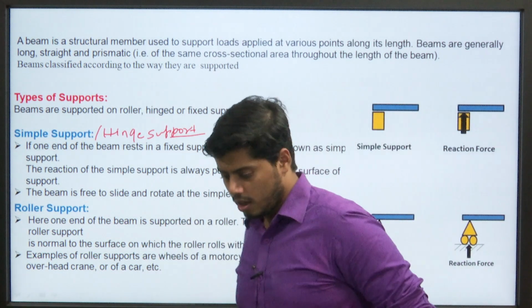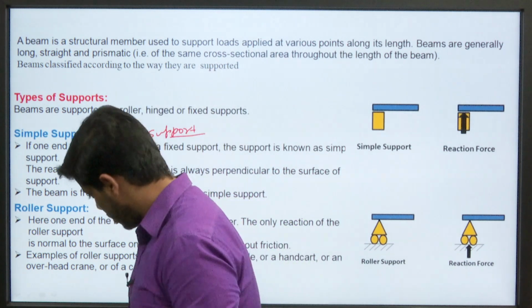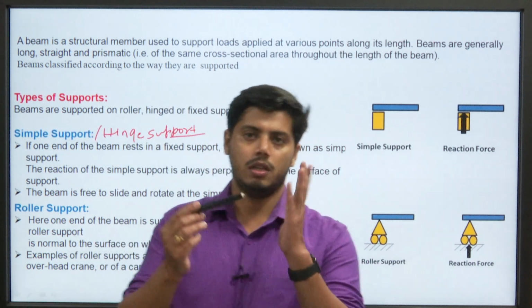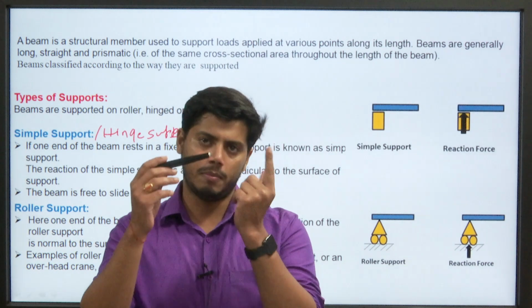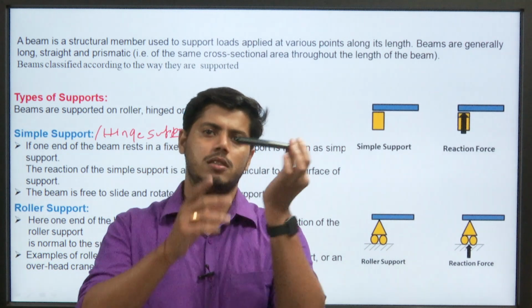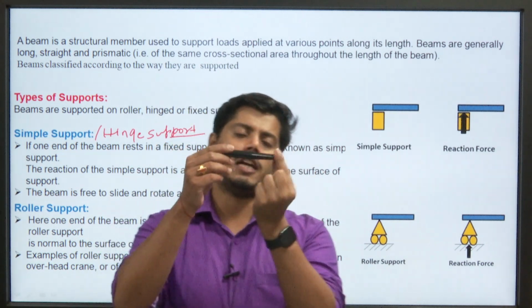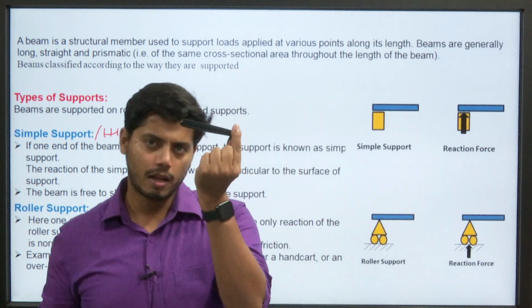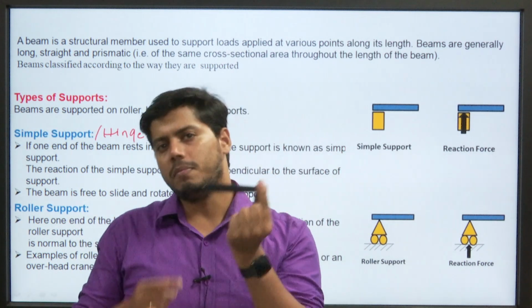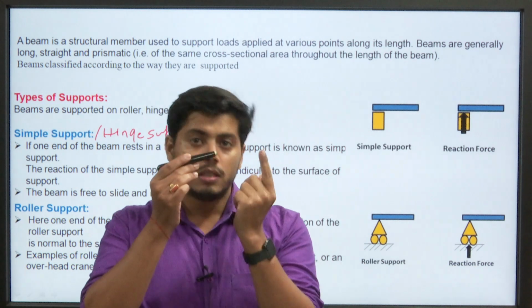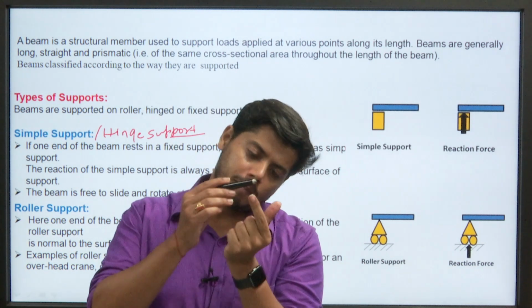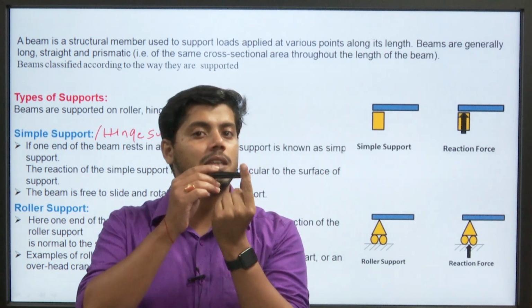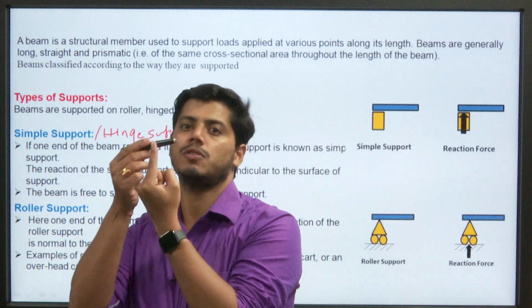Suppose this is a kind of support and this is the beam. To hold this beam, this support applies some kind of force on the surface of the beam.